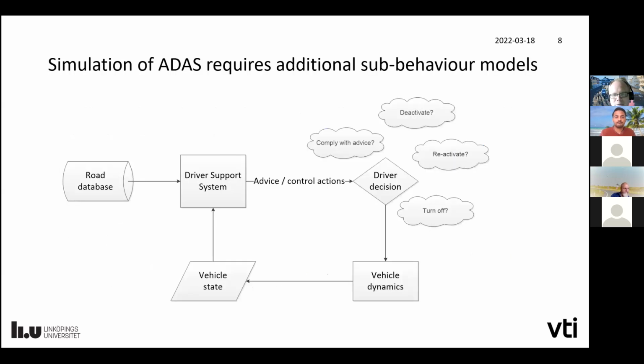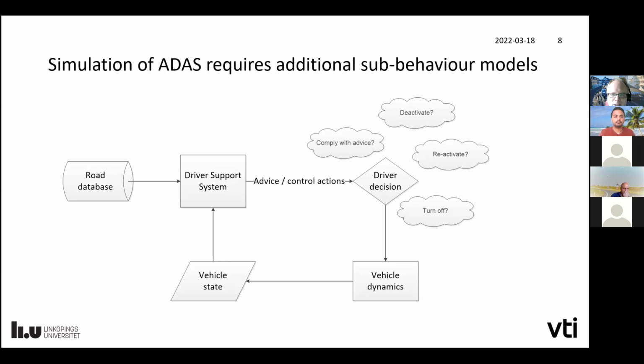So, something short about the simulation of ADAS and automated vehicles. I think it's interesting because it's taking microscopic traffic simulation out of the comfort zone. It was developed to simulate human driver behavior without ADAS or automated vehicles, and mainly in order to study different road designs or traffic controls. So when we add driver support systems, we need to add the system itself to the simulation, but it might give advice, or it might take over control of some of the actions of the driver.